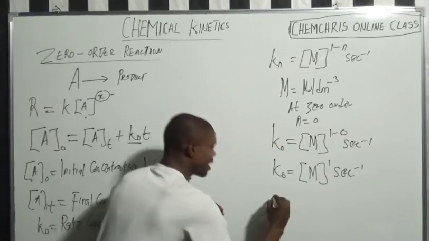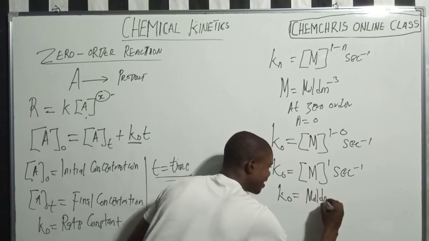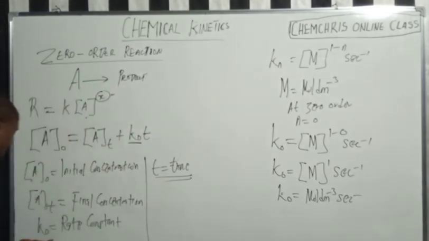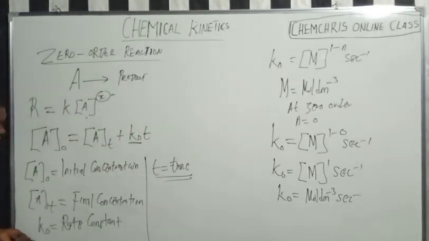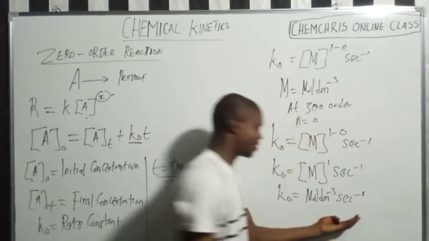So the unit of K naught is mole per dm cube per seconds. The unit of rate constant for zero order reaction is mole per dm cube per seconds.